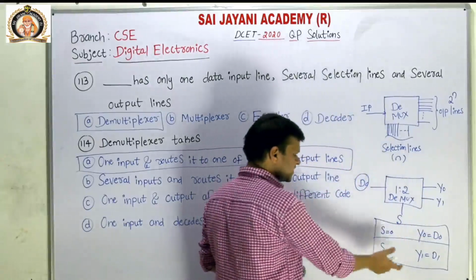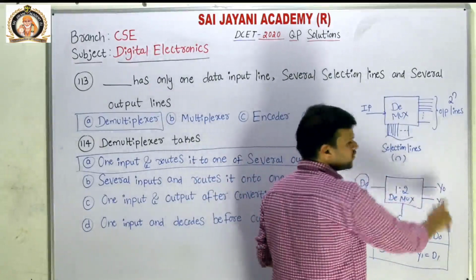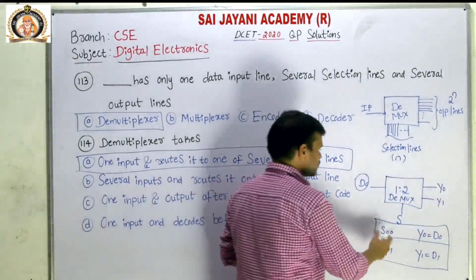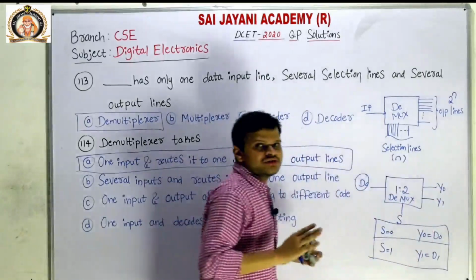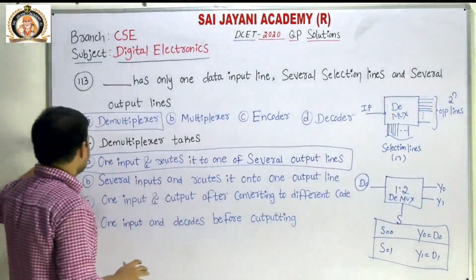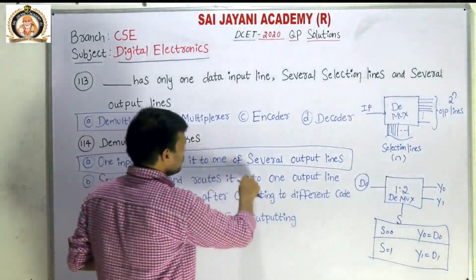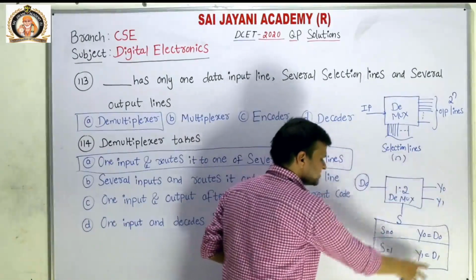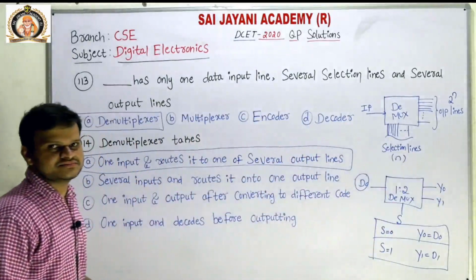If S is equal to 0, then D0 is selected for the Y0 output. If S is equal to 1, then the D0 input is selected for the Y1 output. So for question number 114, option A, one input and routes it to one of the several output lines depending on the selection lines, is the correct answer.